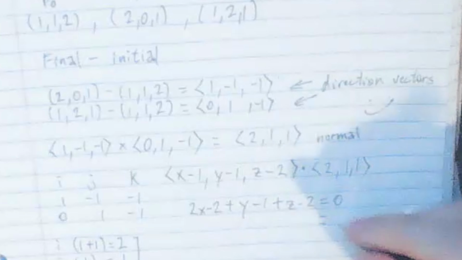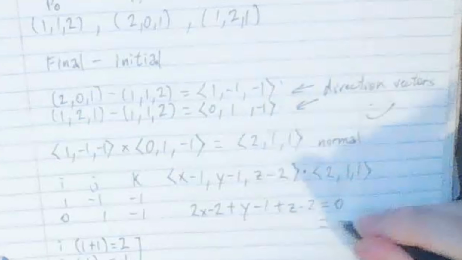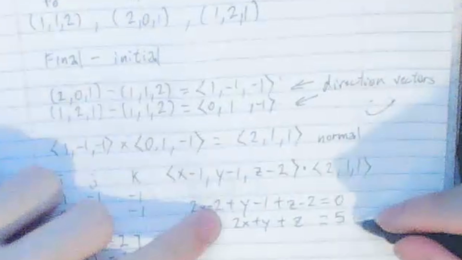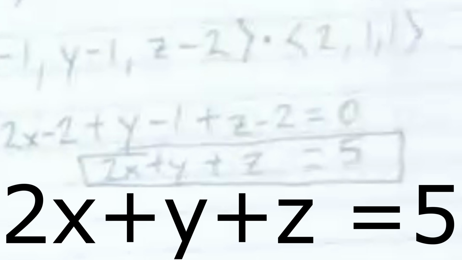So that's going to be 2, 1, 2, and I think that's all the constants. So this should be 4. Unless, oh no, I'm missing a 1 here, so this should actually be 5. And that's going to be 2x plus y plus z equals 5. And that is the equation for a plane. So let me go ahead and box that in. That's going to be our equation for the plane.